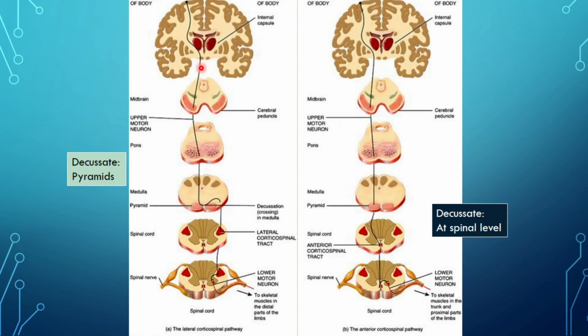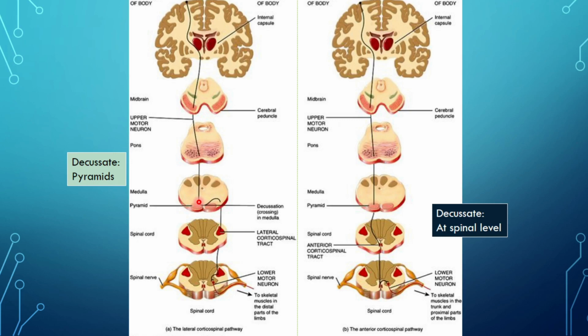So once in the midbrain, the axon for our lateral corticospinal tract fibre runs in the anteriormost part of the midbrain. We call it the crus cerebri. So it's going to run through the crus cerebri of the midbrain, then through the anterior part of the pons, and then the anteriormost part of the medulla.